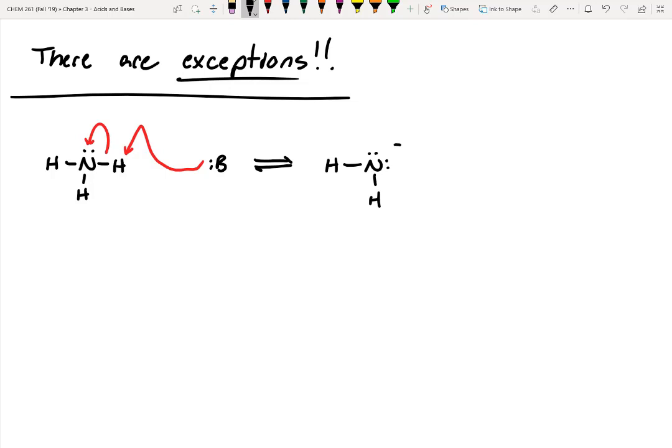It'd be negative. And we would create our conjugate acid. All right, let's compare that to acetylene down here, the one we just looked at. I'll just draw it out again for clarity's sake. We could say it has a proton.